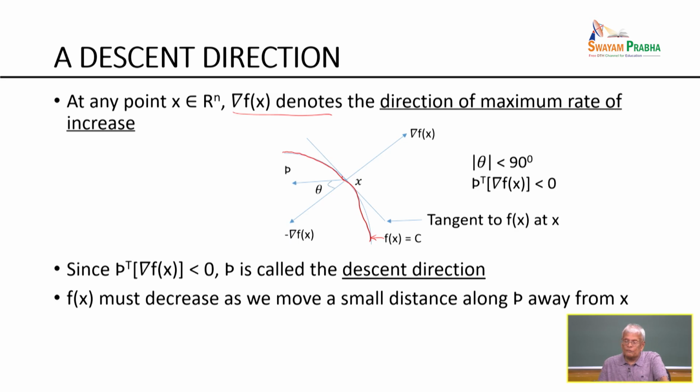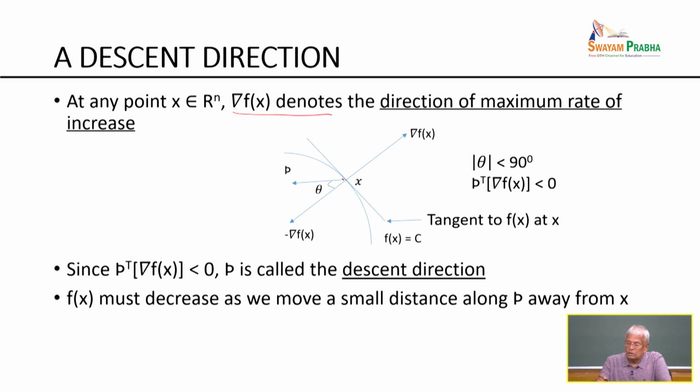If I compute the gradient, it tells you the direction of maximum increase, and the negative of the gradient tells you the direction of maximum decrease. And this is the tangent at the point x. The gradient at a point is always perpendicular to the tangent to the contour at the point x. These are the simple geometric facts I am going to use.